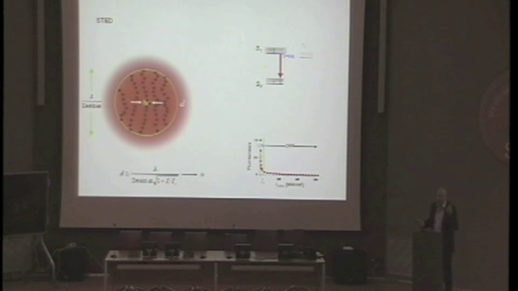0 means the size of the molecule, because that's the least separable unit that I have. I'm separating by having the molecules in two different states. So this molecule here is in the fluorescent state, here it's in the dark state. And then I get signal from here, and then I can also see the neighboring molecule, although it is just at molecular distance, because it emits at a different time point.